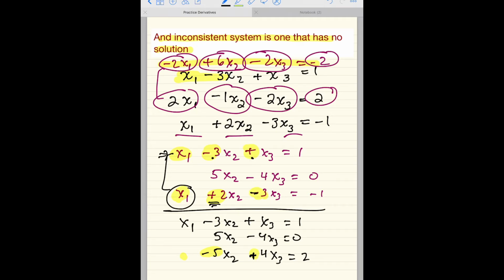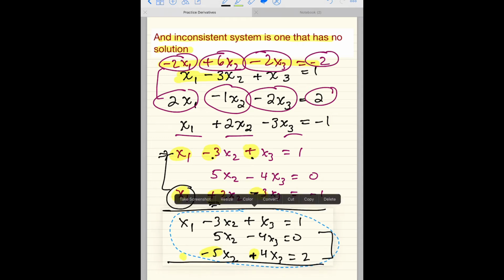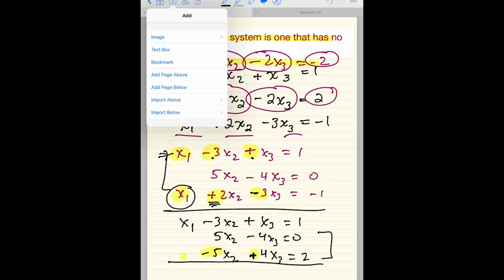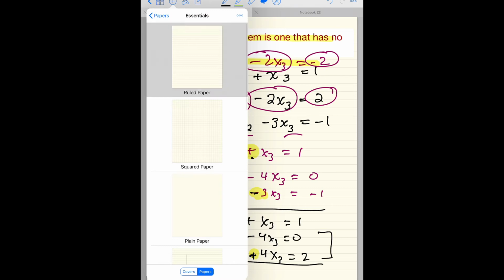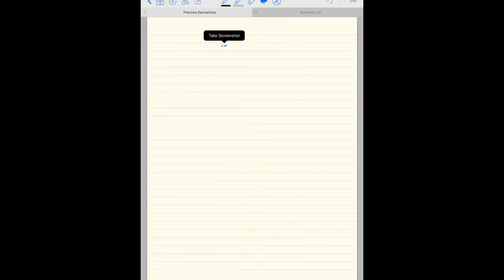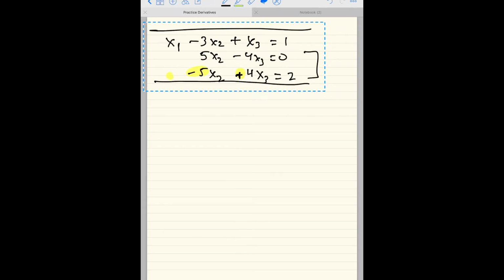Great. If you take a look at these two, and you take the negation of the third one, what you're going to notice is something that I discussed in video 2, I believe, when we were talking about parallel lines.